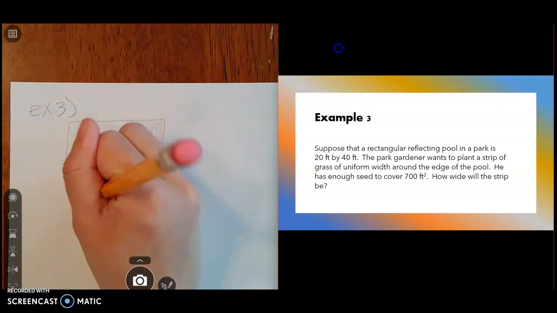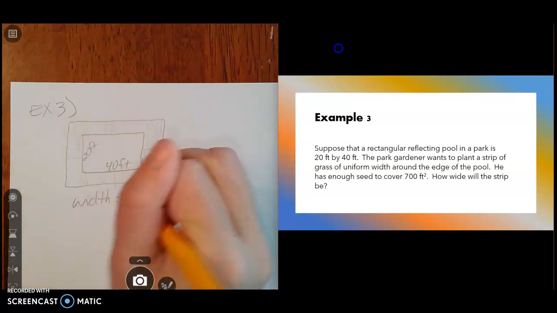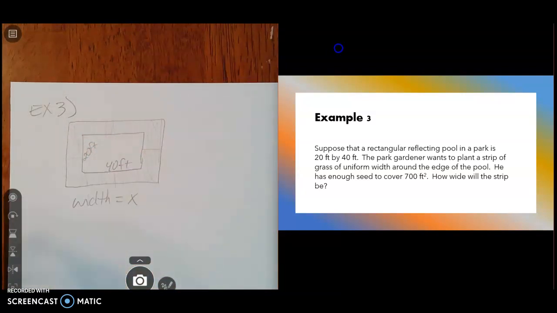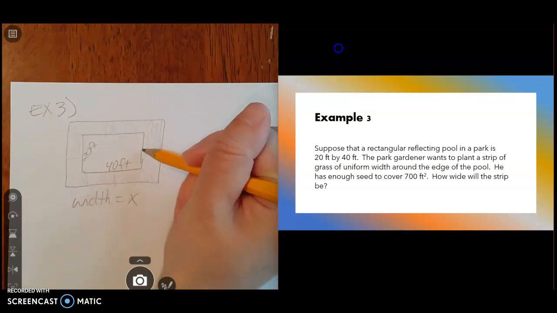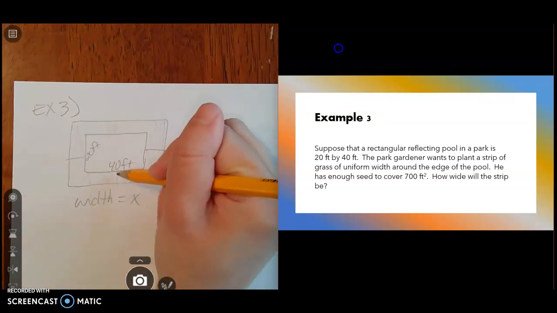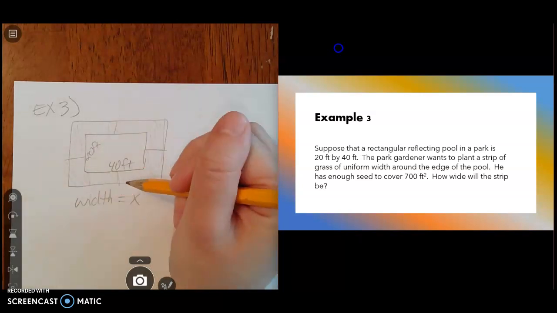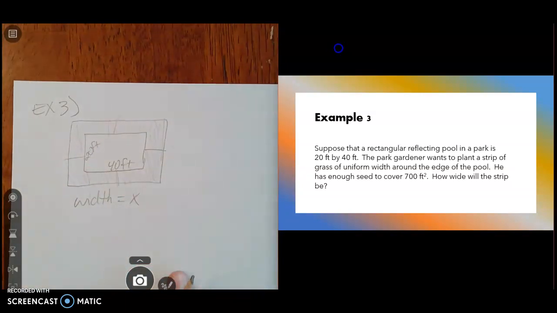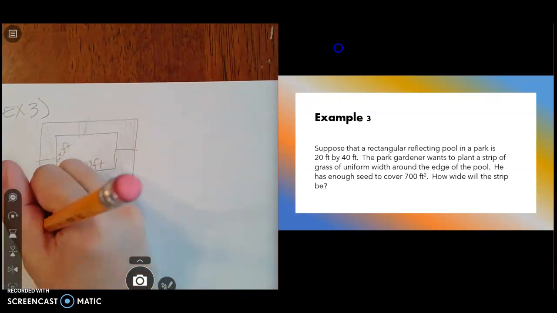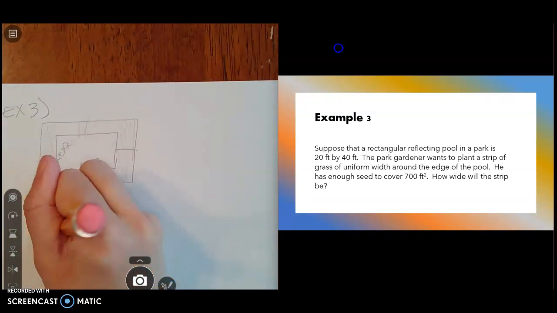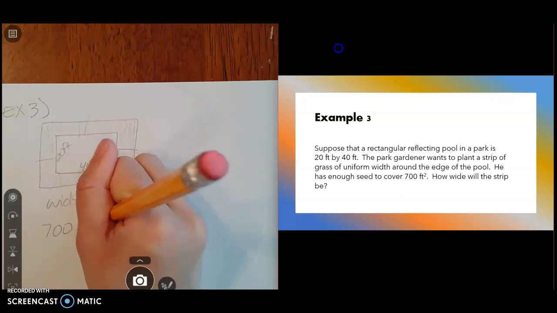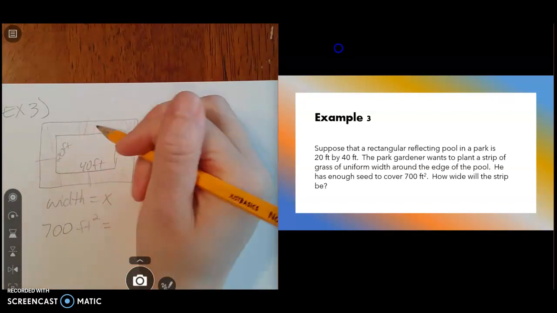So let's just say the width of the strip, we're going to call it x. Okay, and that width is the same whether it's to the left, to the right, above or below, all directions, it's still x.